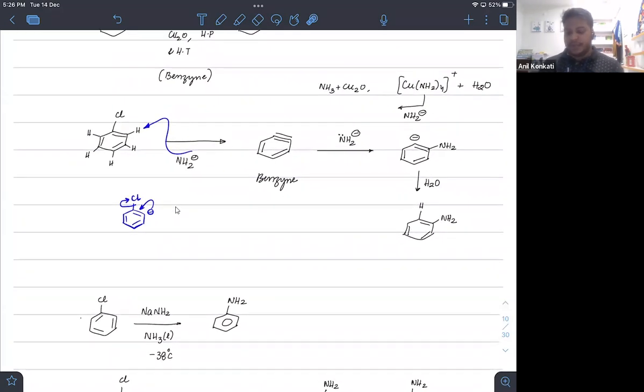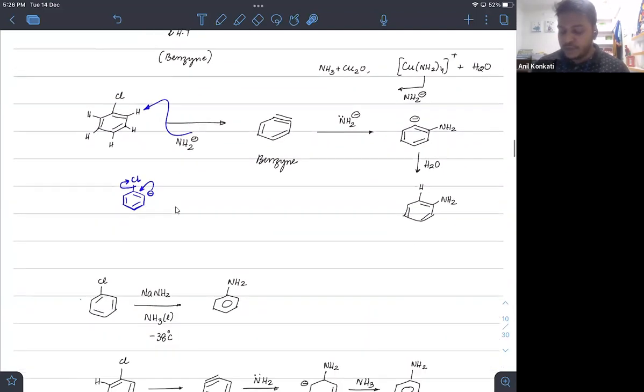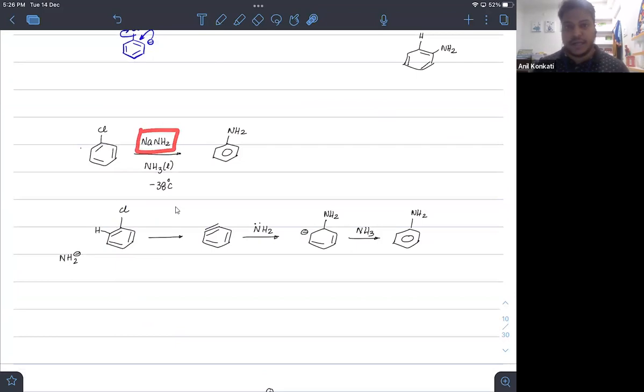Okay, well, this is if you are using ammonia, yeah, but if we directly use an amide, sodamide, right, then the reaction is so fast that you can do it even at minus 38 degrees centigrade. Okay, so remember this, if the temperature is very low, it means you have to directly take amides.